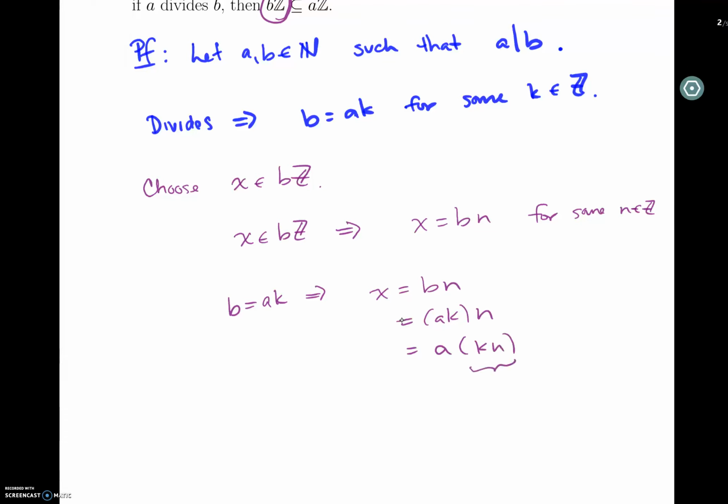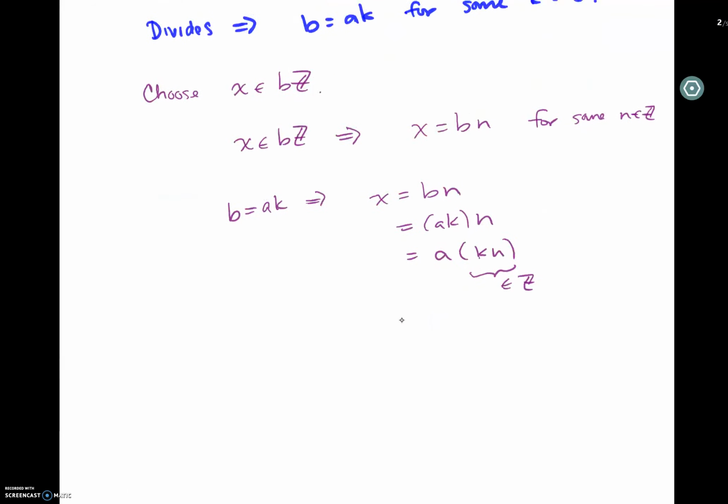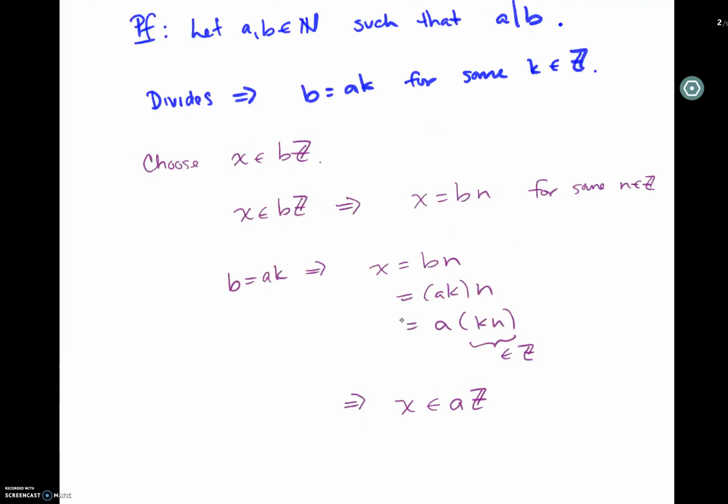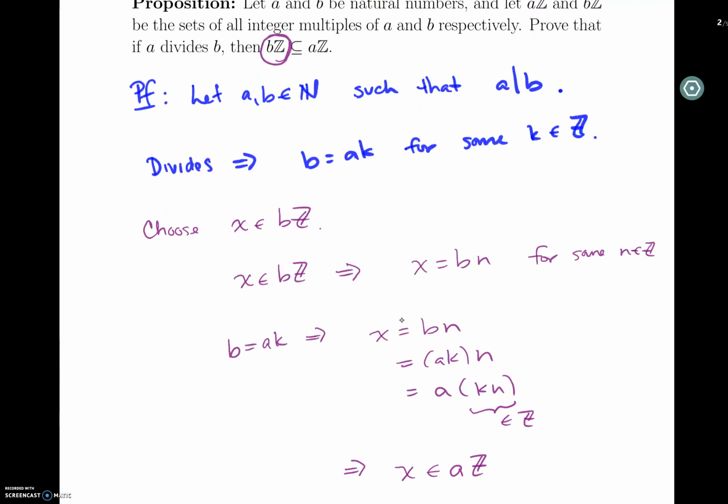What do we know about kn? It has to be an integer, because the integers are closed under multiplication. Thus, what do we know? We now get that x is a multiple of a. That means that x has to be an element of aZ. So ultimately, we just found that our element has to be in the second set.